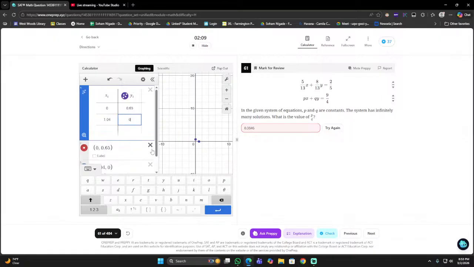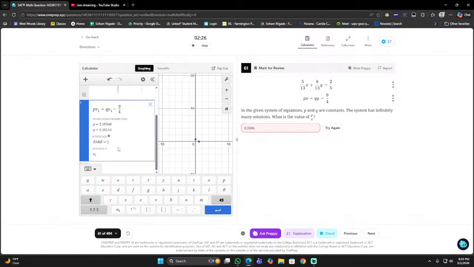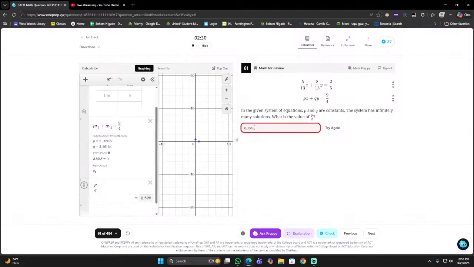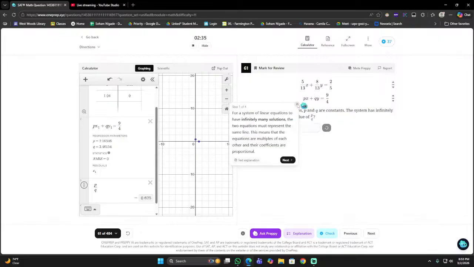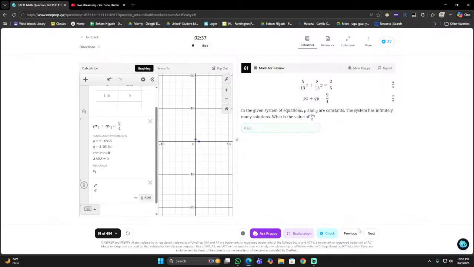This is all we need. Do everything else. And now we can do px1 plus qy1 shifted 9/4. This is right. But for these questions, remember to make it into an actual line first. Then use regression, then perfect.